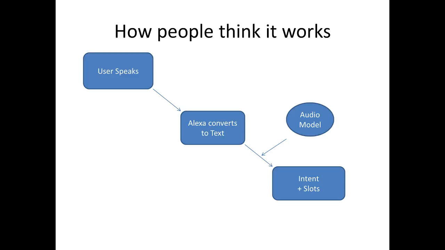If you were building something yourself, this is probably how you would build it. There are plenty of audio capture libraries and speech-to-text libraries, and after that it's just a question of parsing and matching, and you can use Yacc and Lex or simply regular expressions to work out what functionality should be called. This, however, for Alexa is not how it actually works.